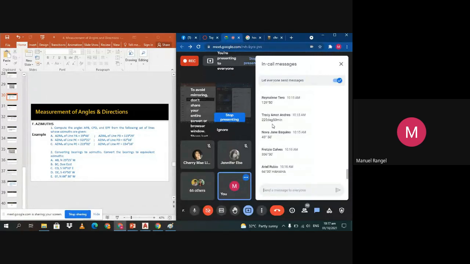Okay, from south, no correct answer yet for letter D. Northwest is the bearing, 66 degrees 30 minutes. From south, the correct answer is 113 degrees 30 minutes from Epilmi Torres. So that is from south.